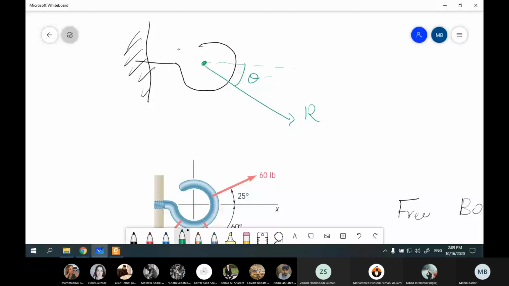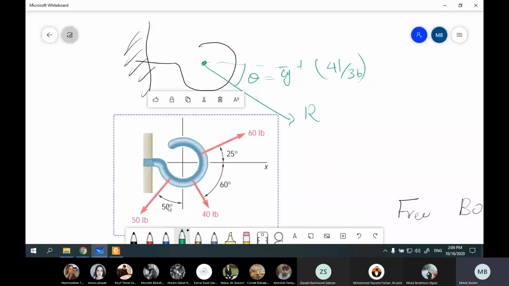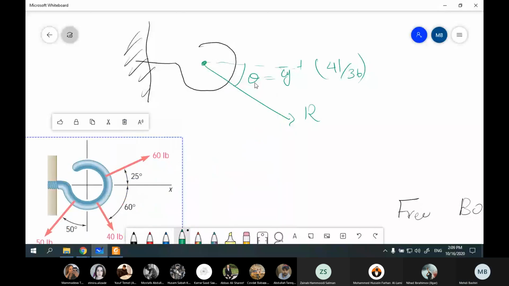What is theta? Tangent inverse of 41 divided by 36, or 34, I'm not sure. So you can see that here we have 3 angles, 3 forces. But in the final case, we have one force and one angle. So this one is easier to work with. Any question?